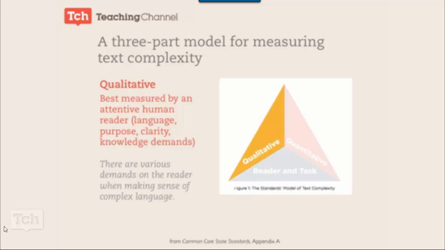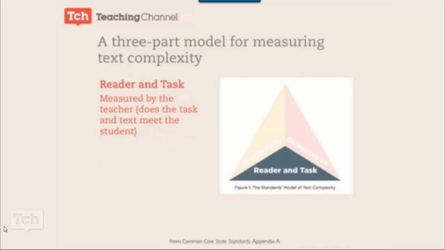Another example is when I have oftentimes put graphic novels in front of teachers during some kind of workshop or professional development, and you should see the look on their faces, because a lot of adults maybe haven't read a lot of graphic novels, and so they're not quite sure, where do I start, what do I read next, do I read the things in the bubbles, how does this work? So until you have had access and experience and background knowledge and understanding some of these structural elements of any given text, that qualitative complexity is dialed up, and so we need to think about that.